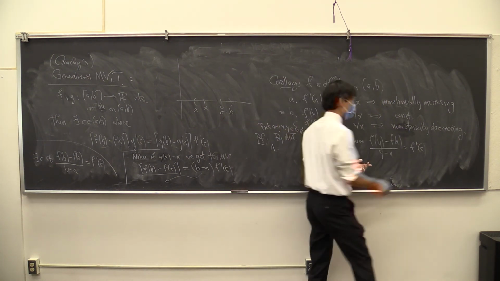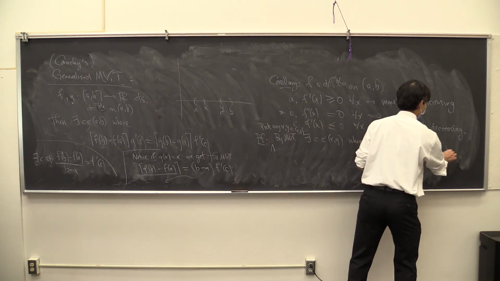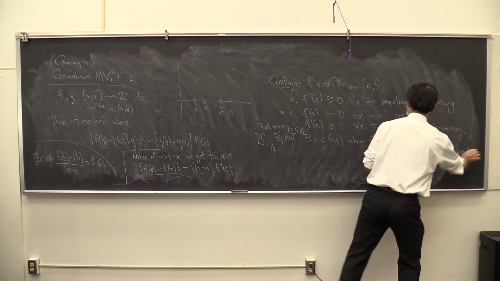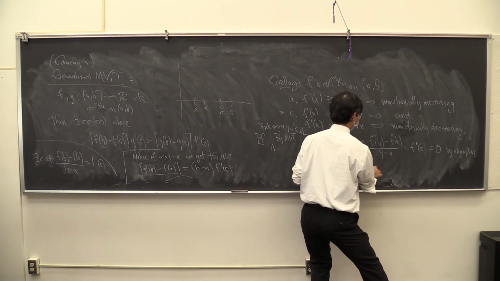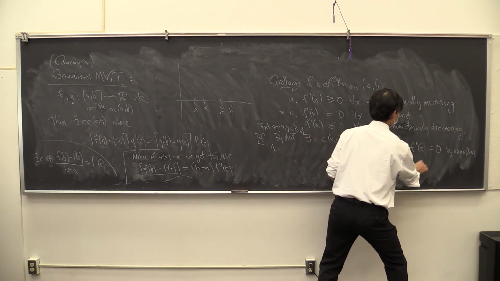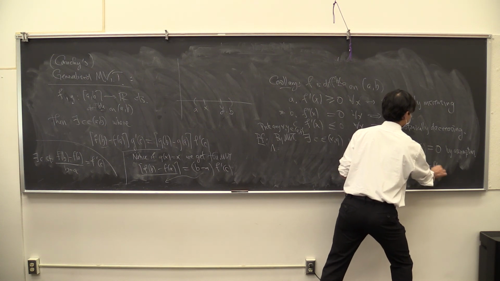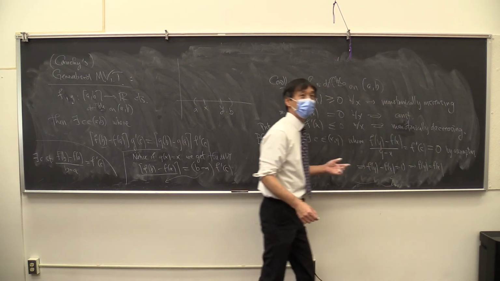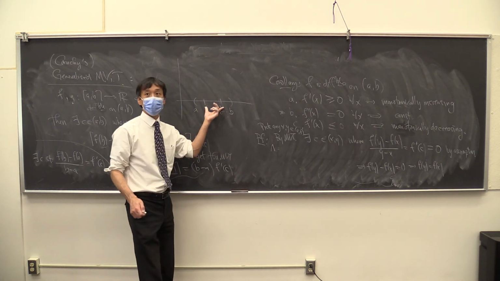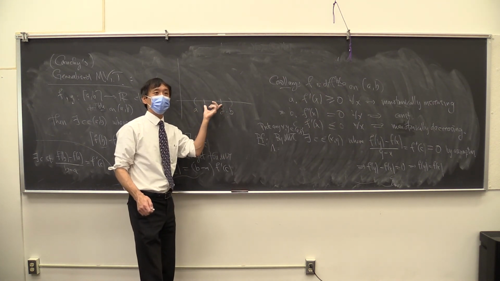But f prime of c equals 0 by assumption. So that tells you that f of y minus f of x is equal to 0. In other words, f of y equals f of x.